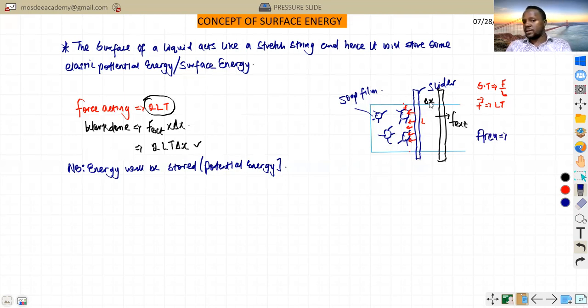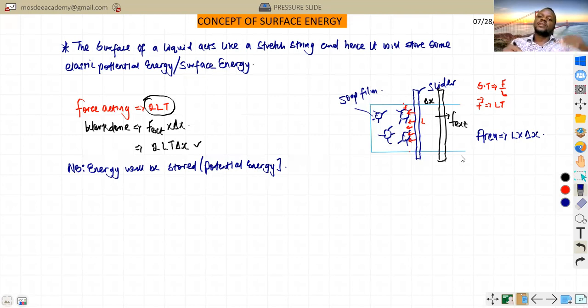Area should be length times breadth. This is the slider. My length is L, because I'm considering the length of the slider to be equal to L. Then my breadth is delta X. So I can say the area covered by this is L delta X.